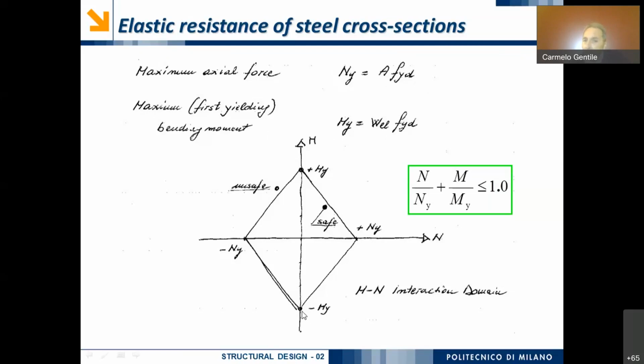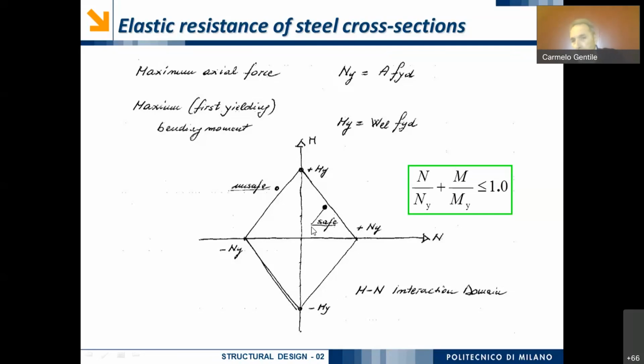And this means that if I accept the full plasticization of the cross section, it is possible to increase this value plus M epsilon until plus Mpl. And on the opposite side, I will have a similar increase to minus Mpl.